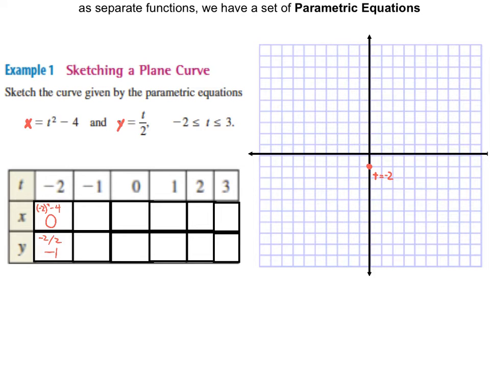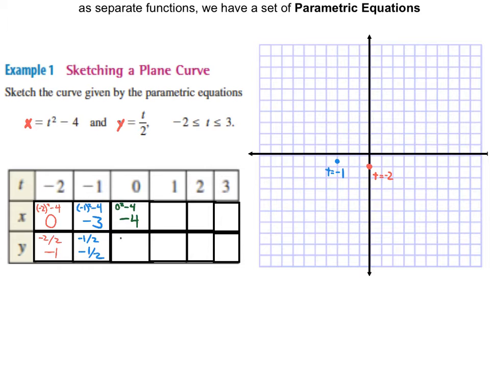Then we would work our way through all of those points. At -1, I'd have -1 squared minus 4. 1 minus 4 is -3. -1 divided by 2 is just -1/2. So I'm at -3, -1/2 when t equals -1. And then we keep going. At 0, I have 0 squared minus 4, so -4.